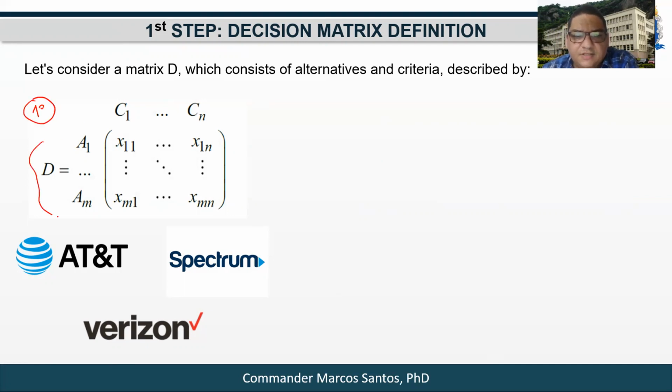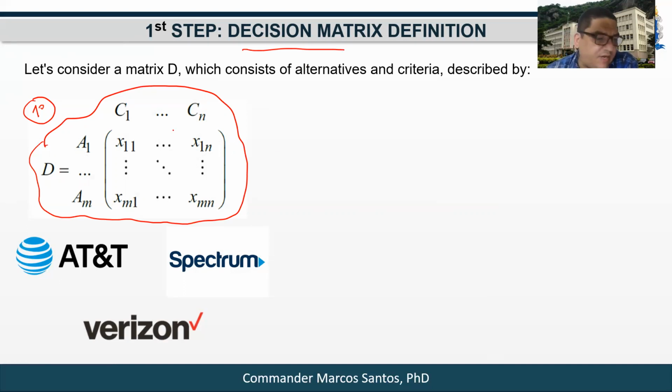I need the decision matrix. For example, I need to select an internet provider, for instance.